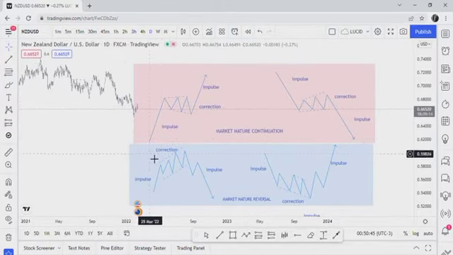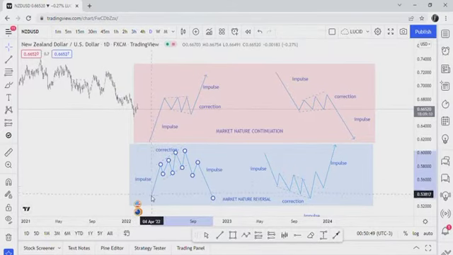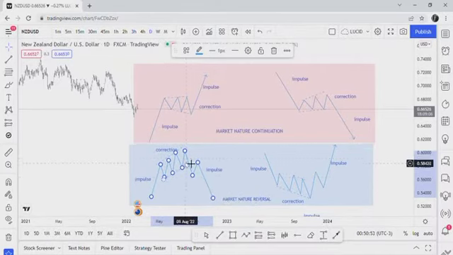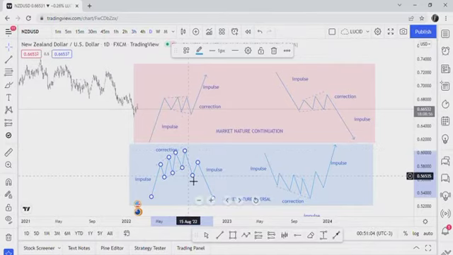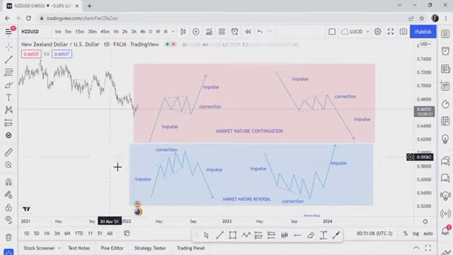Then we have market nature for trend reversal. You should have an impulse to the upside, a weak correction to the upside. This correction shows weakness in price, shows weakness in buy power, then a break below and a continuation to the downside. That's in the opposite direction.